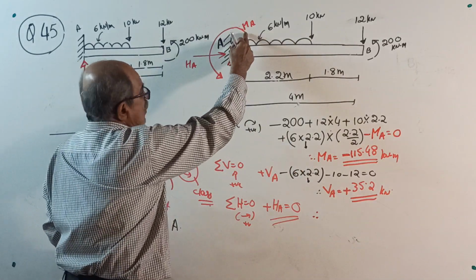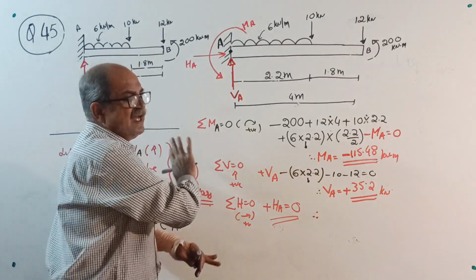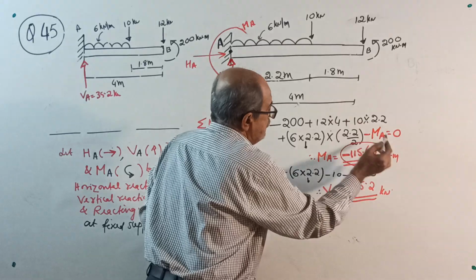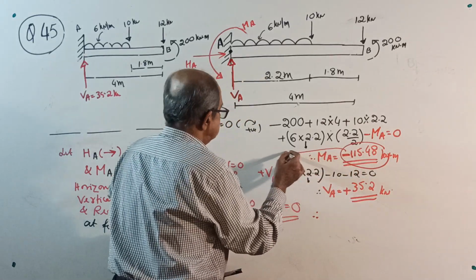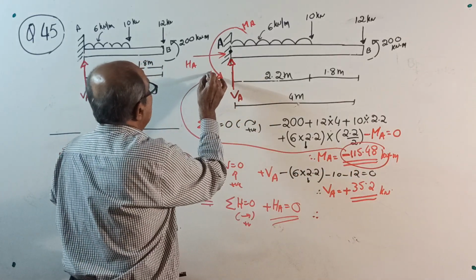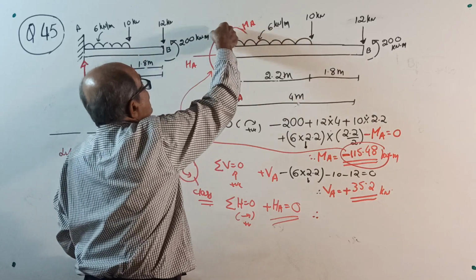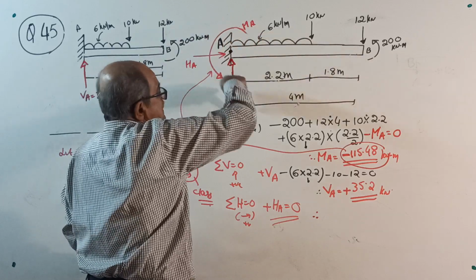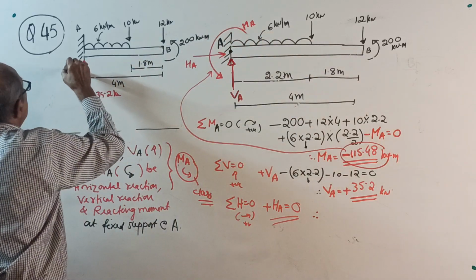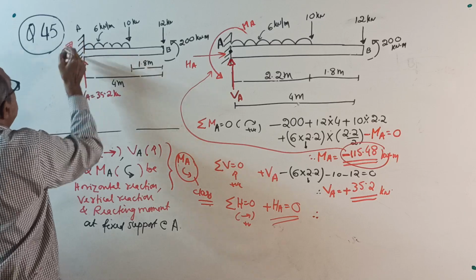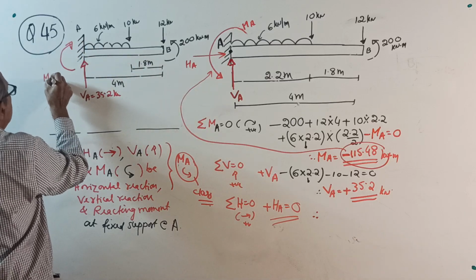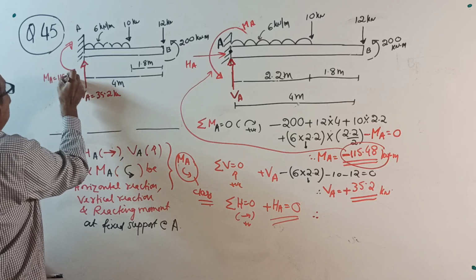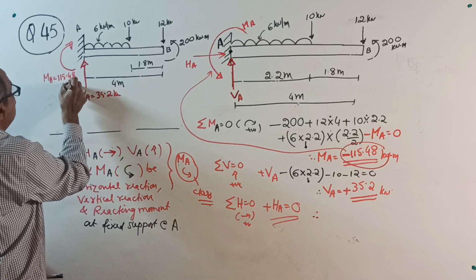This anti-clockwise and clockwise I told has nothing to do; you should compare this sign only with what direction we assumed. We assumed anti-clockwise, negative sign came, which means the assumed direction is wrong, it is clockwise. So there is a clockwise reacting moment MA. Now no minus sign, equal to 115.48 kilonewton meter. This is the answer.